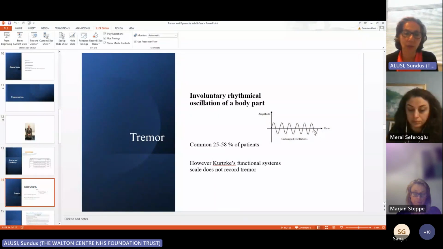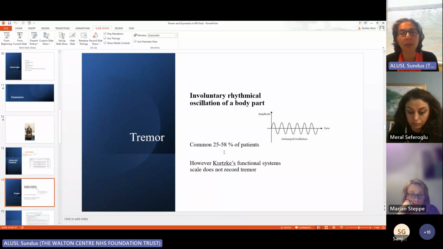I'll show you the two main studies. One of them is ours from London, and the other is from Olmsted County. It's 25% in the general community multiple sclerosis population, whilst up to 58% if you're looking at an MS center, where I looked at this. So it's a very common problem.